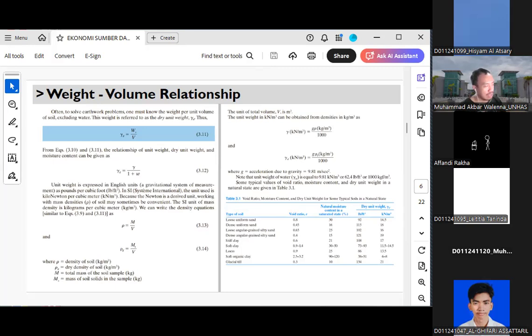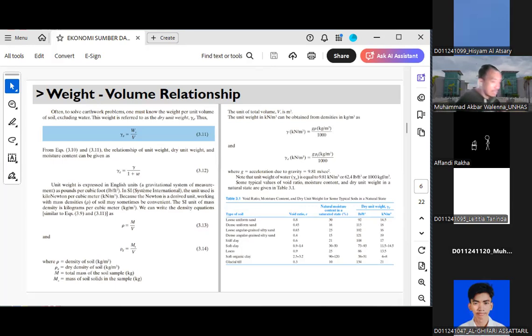So as you can see on the table, loose sand usually has a high void ratio, at a void ratio of 0.8, and the dry unit weight is usually quite low, in the range of 14.2 to 14.5 kilonewton per meter cubed.